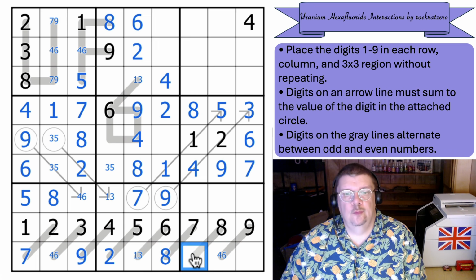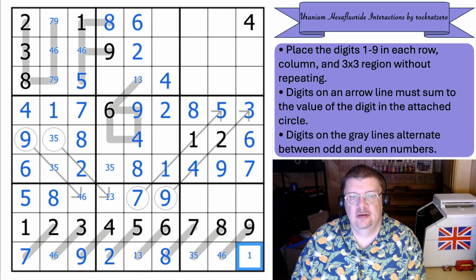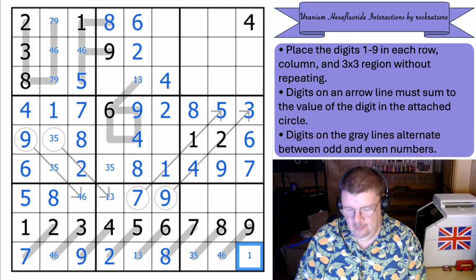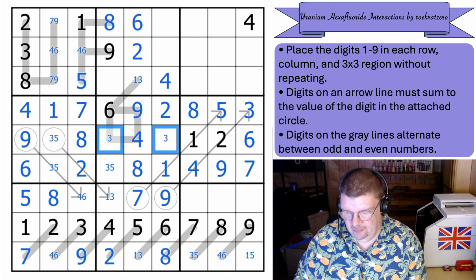That must be from 1, 3, and 5, and it is not a 1, so that's 3 or 5. This is 1 or 5, can't be a 3. These are from 3, 5, and 7.